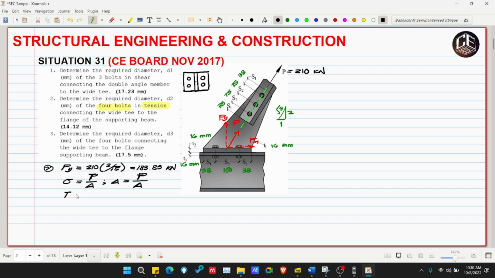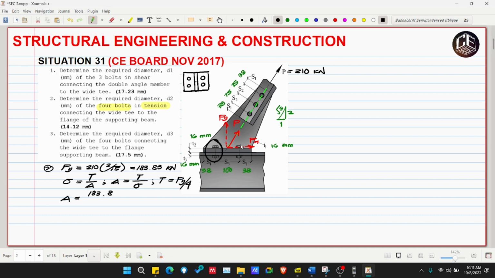At ang ating tensile force T is equivalent to Py. Kaya, ang ating area, over this tensile stress. Ayan. Kaya yung ating area is equivalent to tensile force na Py na 187.83, this is Py over 4.